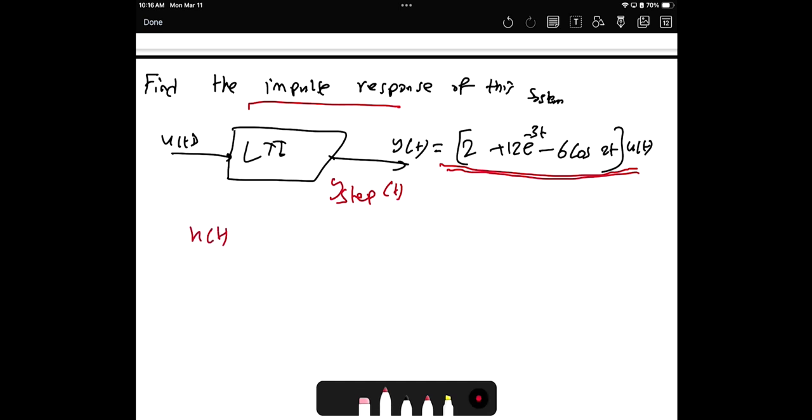What's the relationship between h and y, between step response and impulse response? Do you remember? H of t equals what? Is it integration or derivative? Derivative.